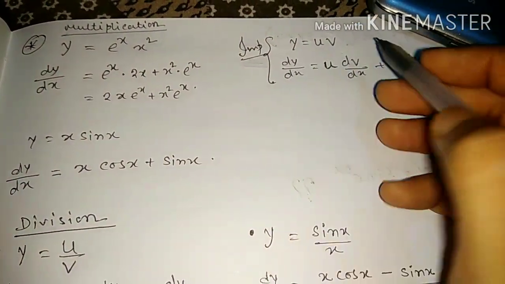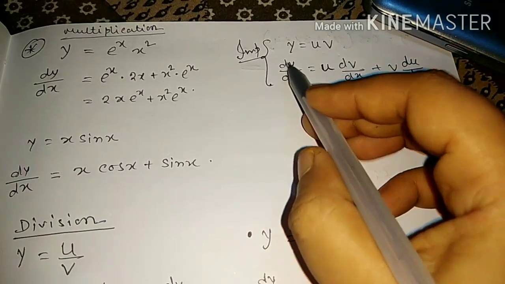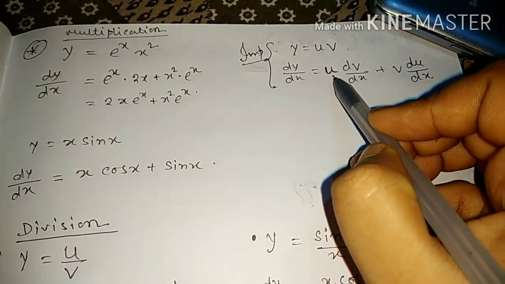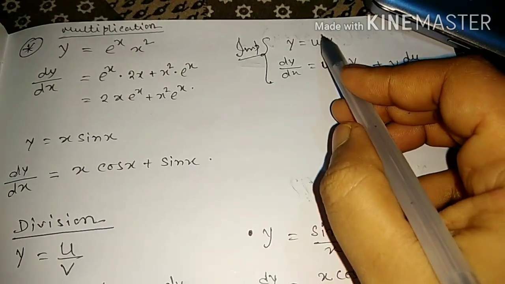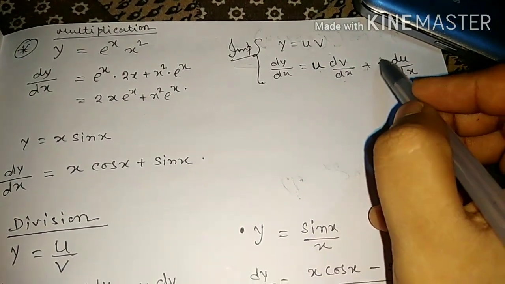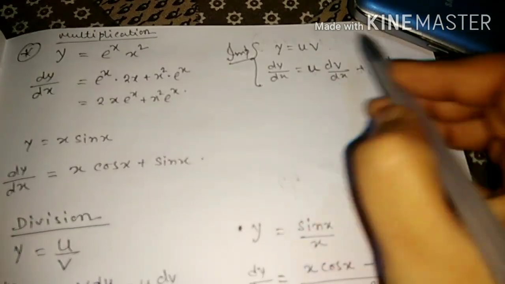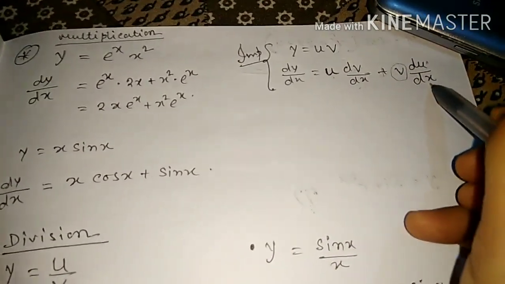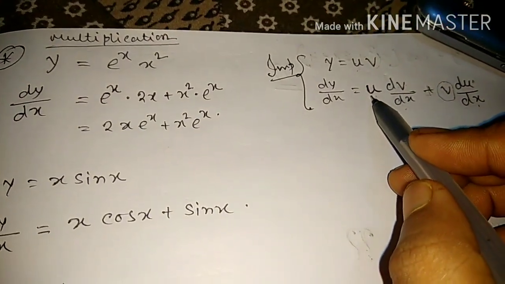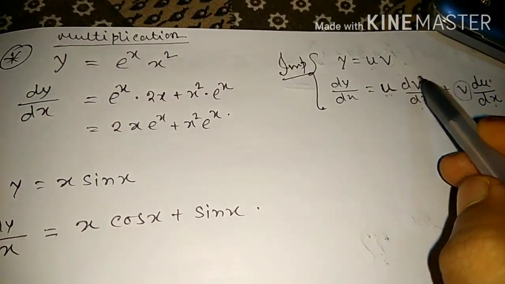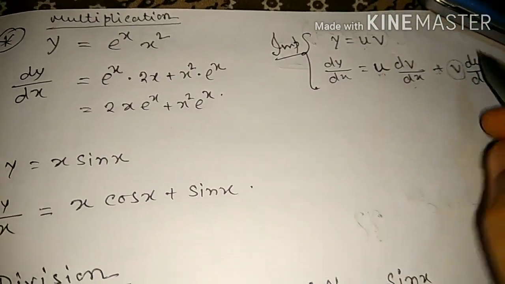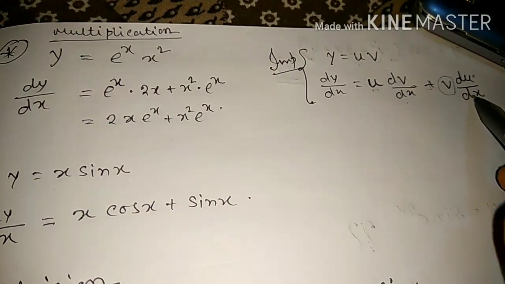Then dy by dx equals: first term u as it is, then differentiate the second term, dv by dx, plus the second term as it is, then differentiate the first term.